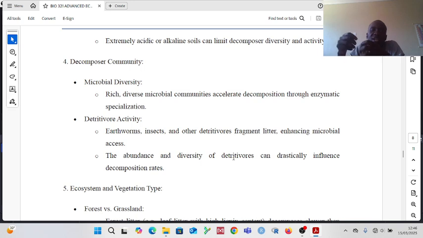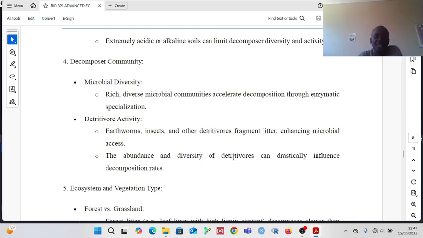So when you have a high number of microorganisms, you are likely to have equally many different enzymes. The different enzymes are then likely to decompose the variety of litter that will be present.